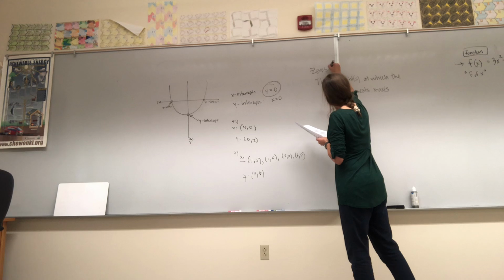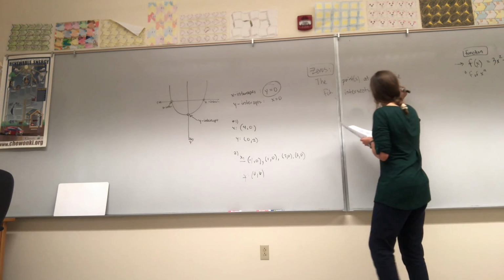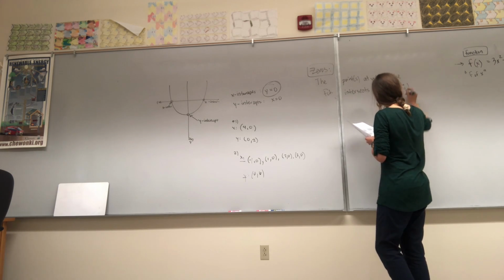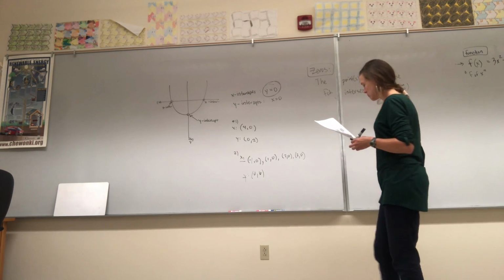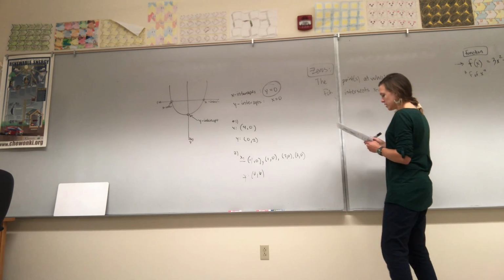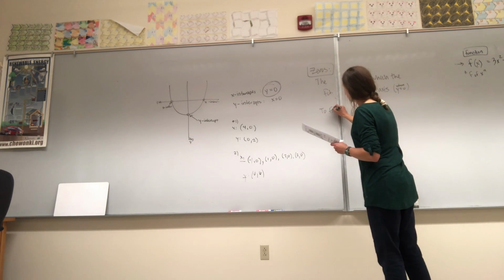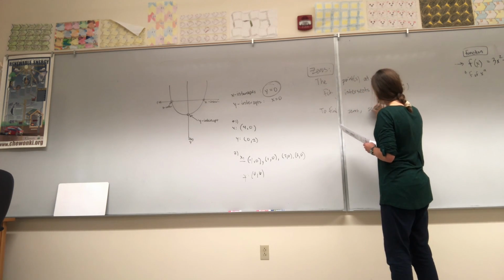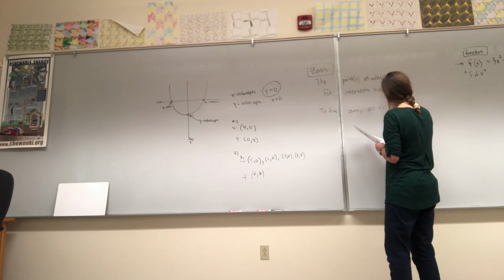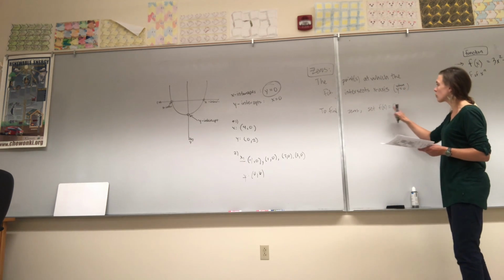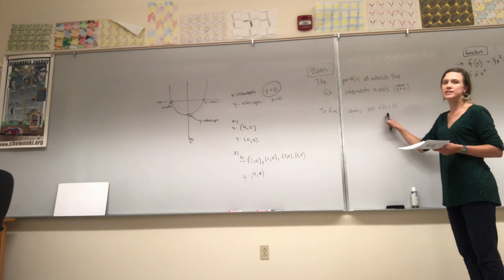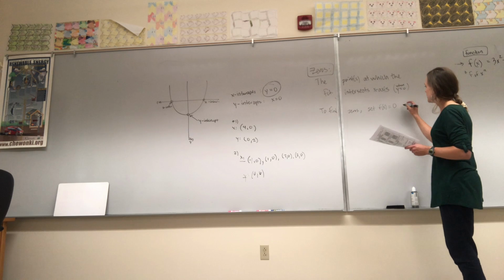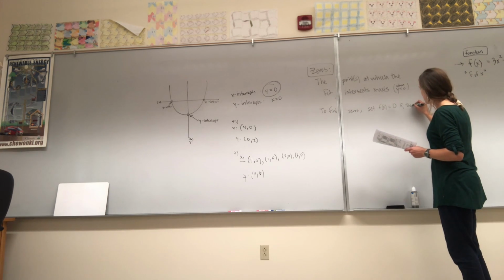So when y equals 0, to find zeros, you set f of x equal to 0. So this is asking, what is x when y equals 0? What is the x value for when y equals 0? Then you solve for x.